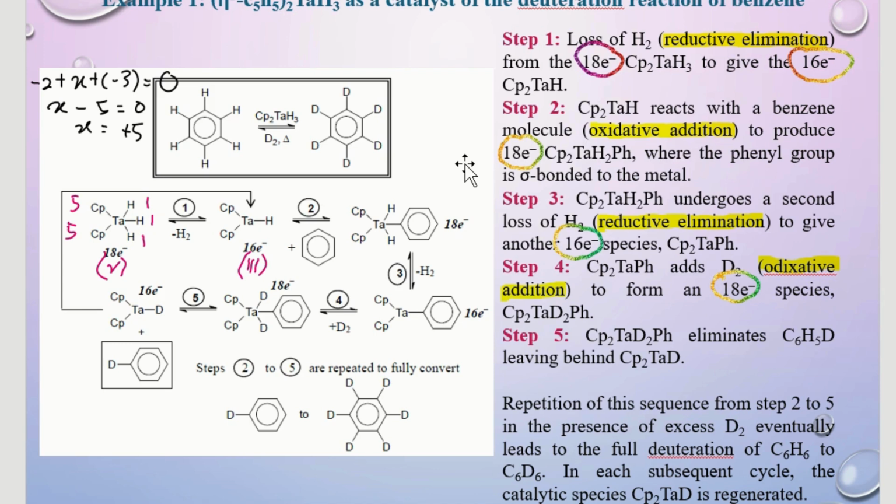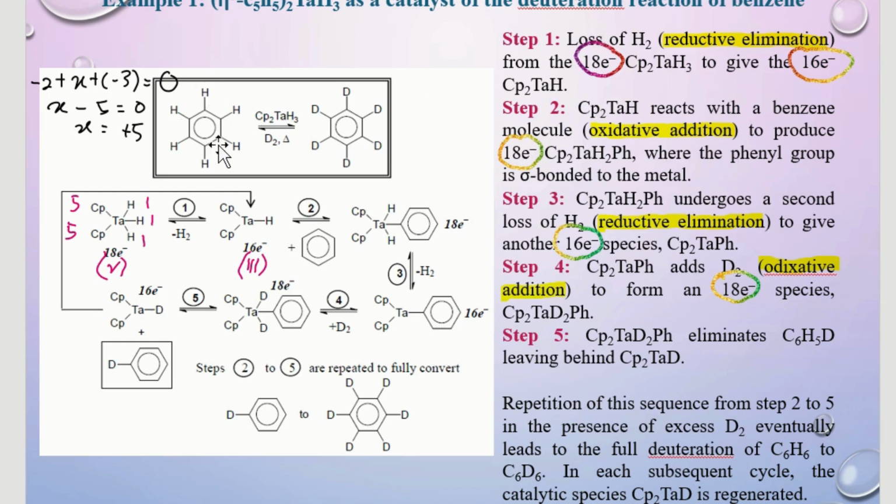As you can see from step 1 until step 5, they involve reductive elimination and also oxidative addition, the use of those reactions to produce the benzene.